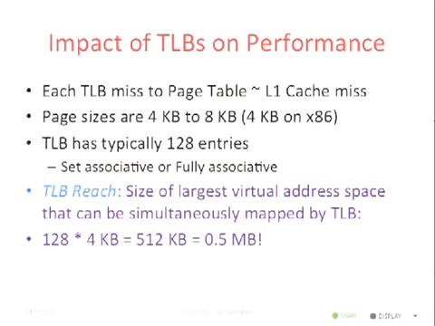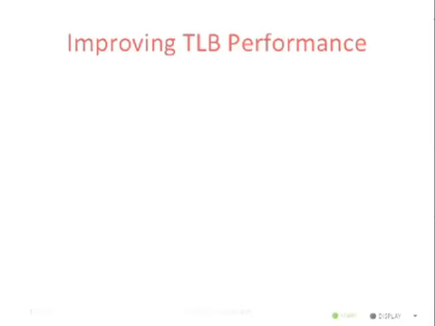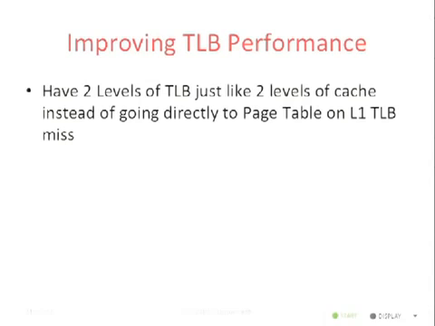Okay, so this is a problem, right? So, what can you do to have better performance? Well, there's a couple things you can do. Remember the TLB is a cache. It's a hardware cache, just like an L1 cache is a hardware cache. So how did we make our memory caching system run better?